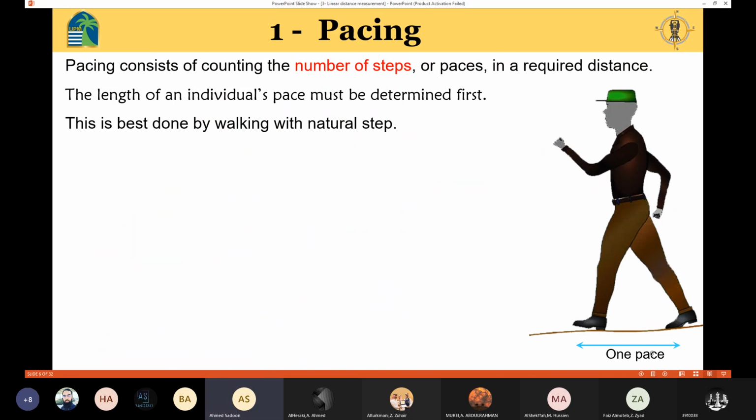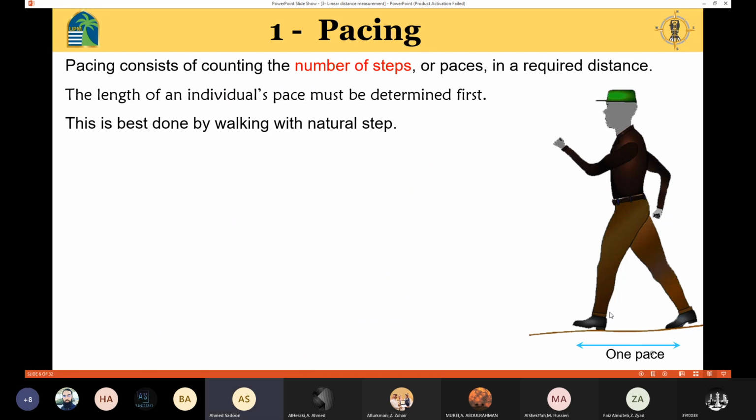So what do we mean by pacing? Pacing consists of counting the number of steps. You walk over the required distance, and then you count your steps or paces. We call this method pacing.